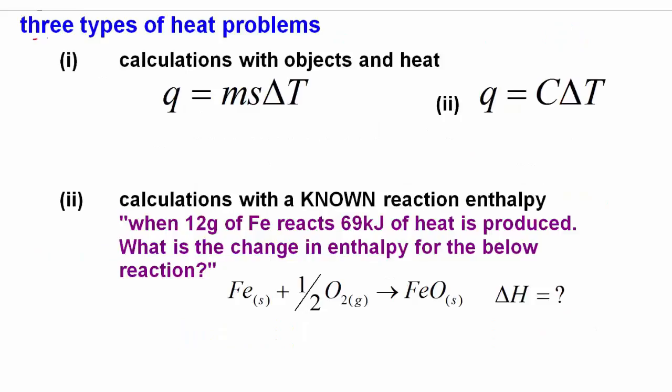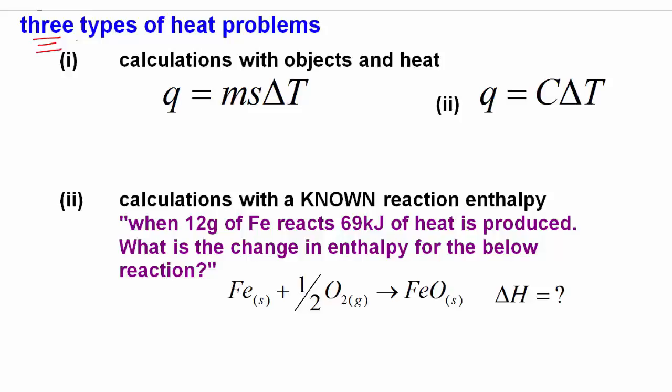We are going to encounter three types of heat problems. The first type deals with objects that are absorbing so much heat: what's the new temperature? Or if this object went from one temperature to another, how much heat did it give off? Those are the types of problems you can handle with these equations.